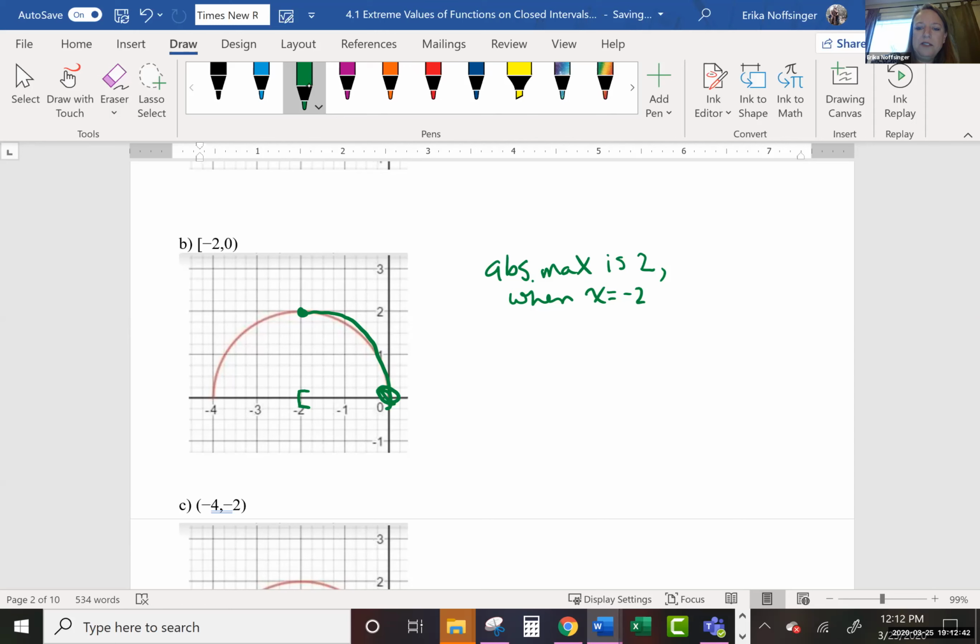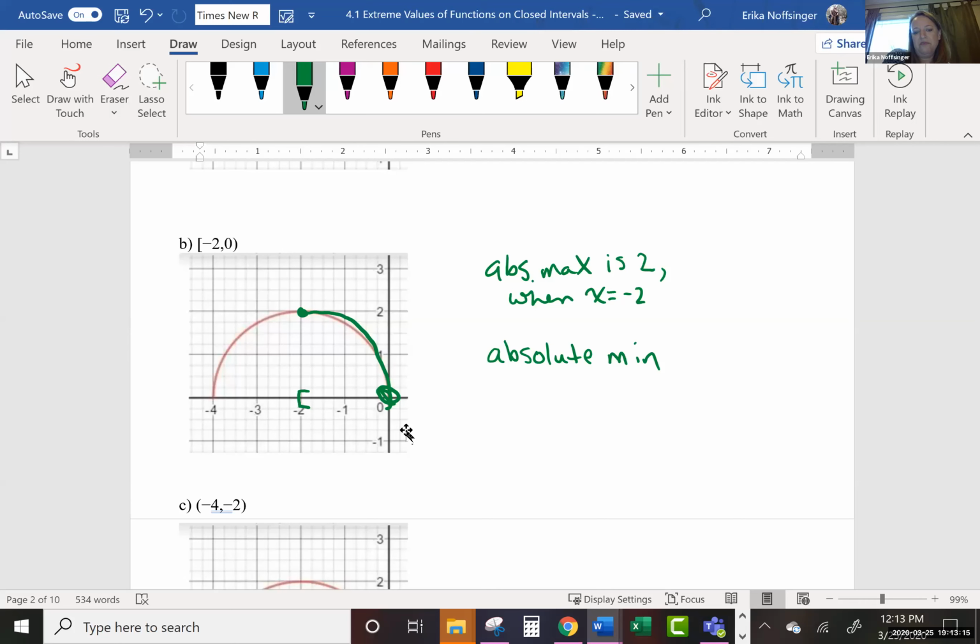So what about an absolute min? Looking at this graph, can you give me an x value that gives me the smallest y value between -2 and 0, not including 0? I can't say 0 gives me the smallest value because it's not included on my interval.